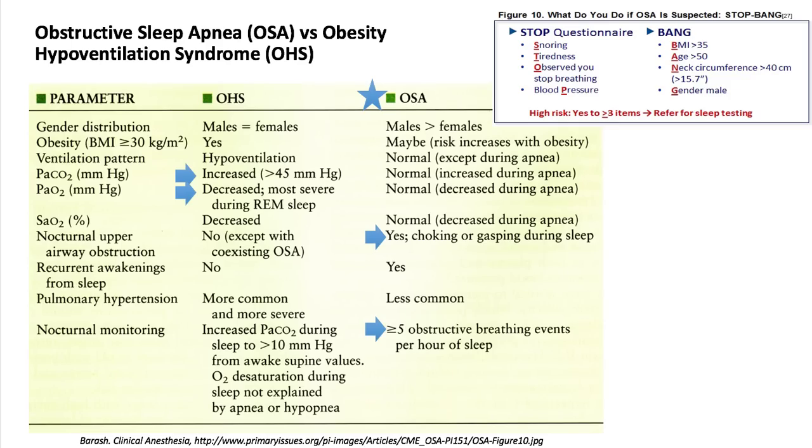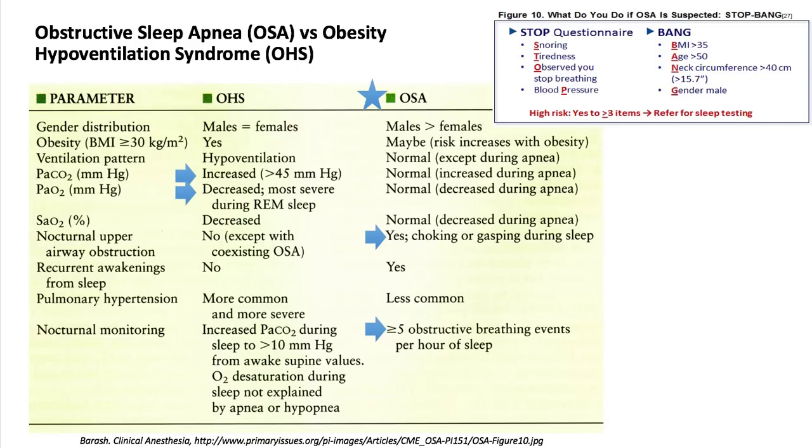Next keyword is obstructive sleep apnea versus obesity hypoventilation syndrome. And up at the top right is the classic STOP-BANG mnemonic that we use in the preoperative clinic when we're talking to patients and trying to determine if they're at risk for obstructive sleep apnea.